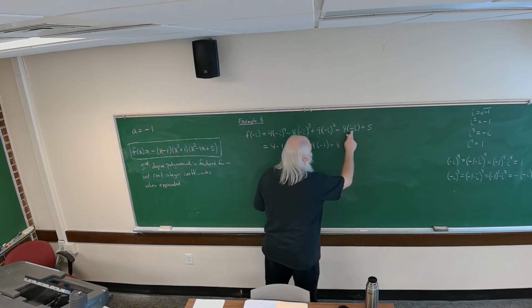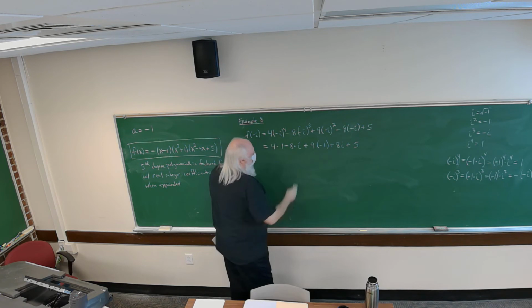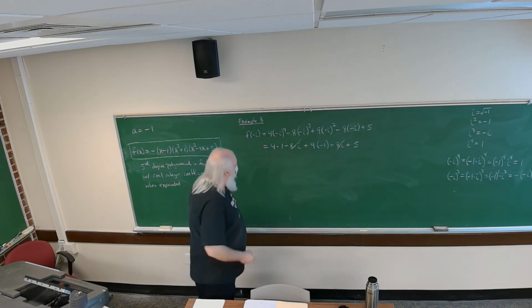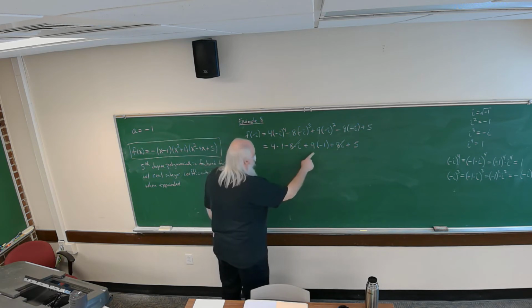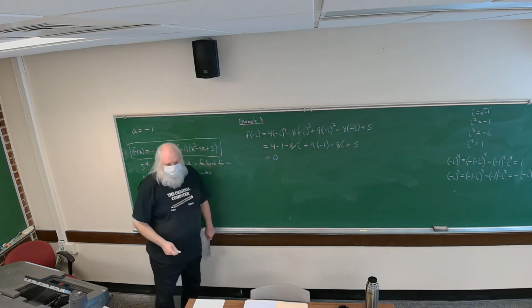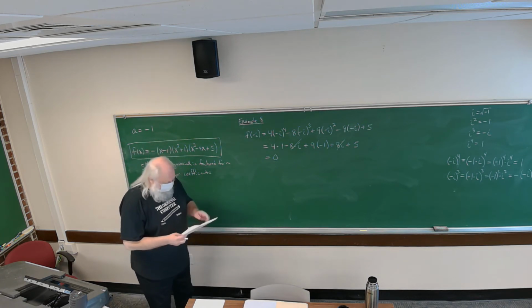Negative times negative is positive, and we just end up with 8 times I plus 5. So minus 8I plus 8I cancel, and we're left with 4 minus 9, which is negative 5, plus 5 is 0. So f of minus I is equal to 0. And so we verified that x equals minus I is a 0 of f of x.